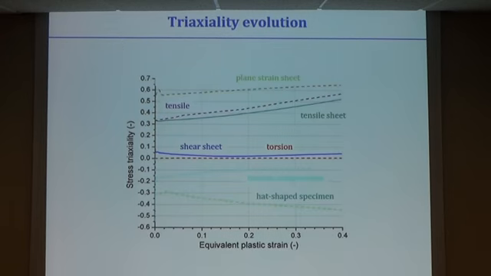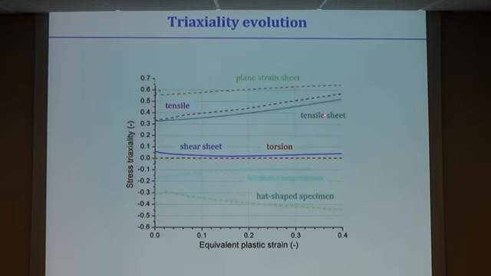So interesting results. You not only have a non-homogeneous distribution of triaxiality close to the center, but of course it also evolves during the experiment. So here you can see the different experiments, even more experiments. We also carried out the head-shaped samples, but that is published, so I don't focus on this here.